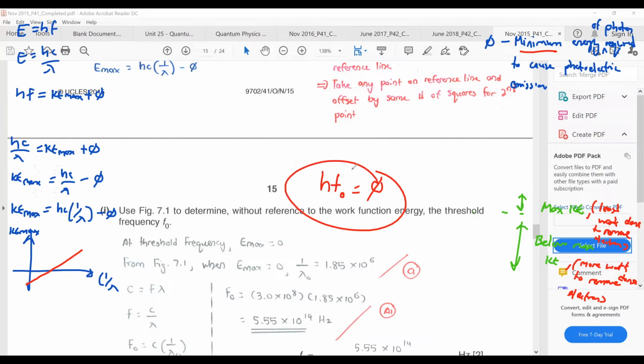You can actually find f naught from this equation also if you use the work function energy, but the question specifically tells you not to. Don't use the work function energy here. Deduce it from the graph itself. This one you know is negative phi. This one you know is 1 over lambda naught. And you know one thing, right?